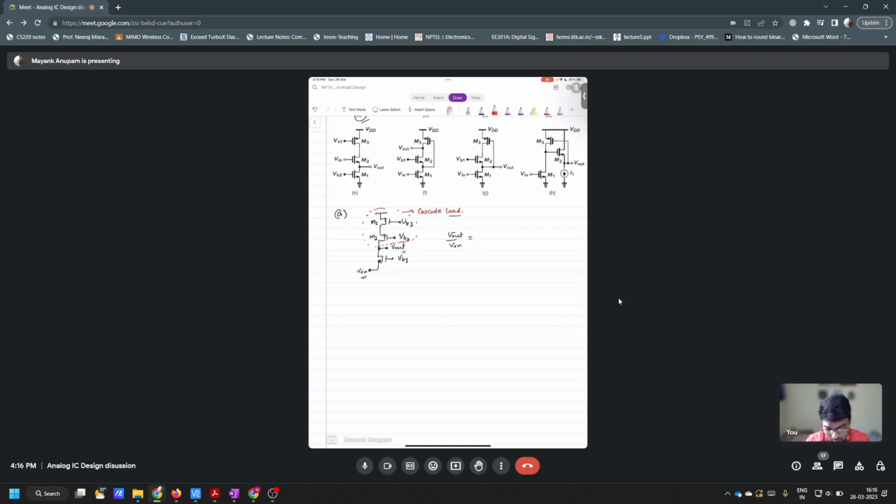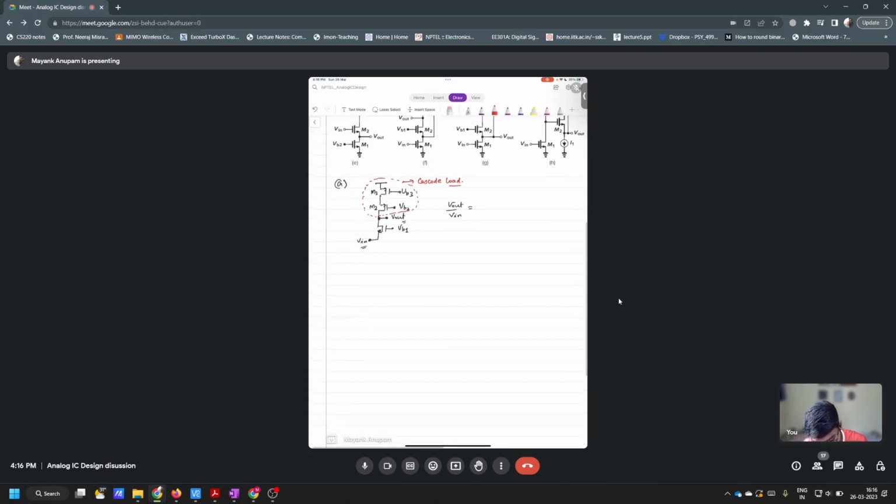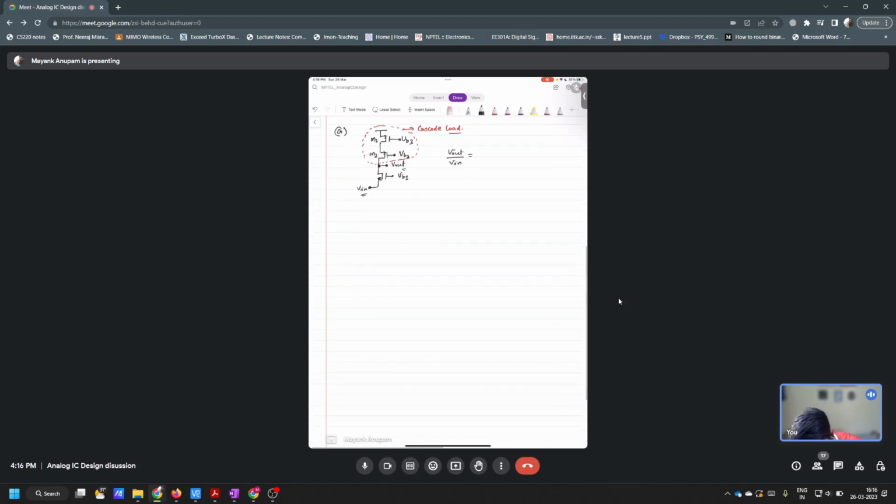Then simply the gain is, we can use the formula 1 over 1 plus gm R naught, for a simple CG stage. Okay. So here R naught is the output resistance. Fine. So you remember this, right? I want you to solve it properly.